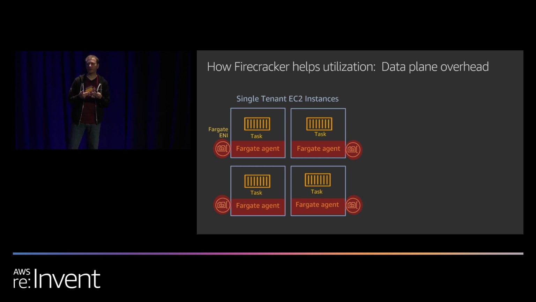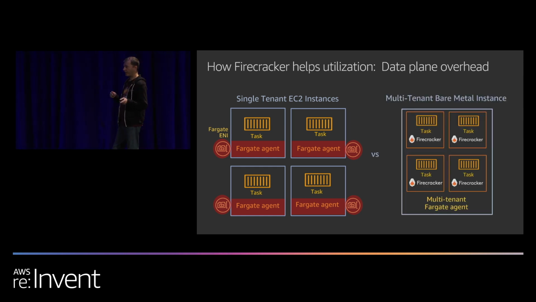This creates some pressure on our VPCs. Now, comparing that to the multi-tenant bare metal instance fleet, we now run only a single copy of the multi-tenant Fargate agent on the bare metal instance itself. This greatly reduces the waste. Also, now that we have only one copy of the agent, we only need one Fargate ENI, and that ENI remains on the bare metal instance.